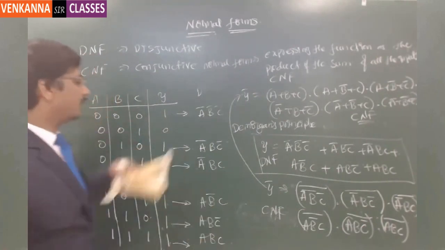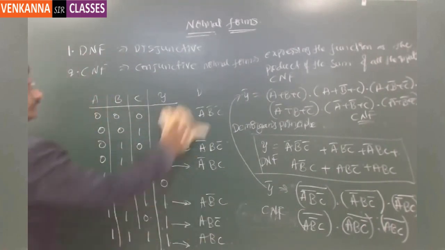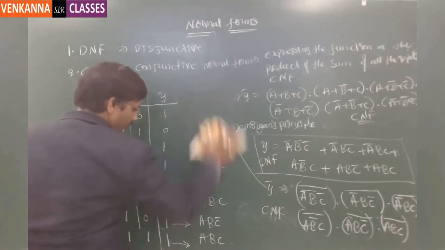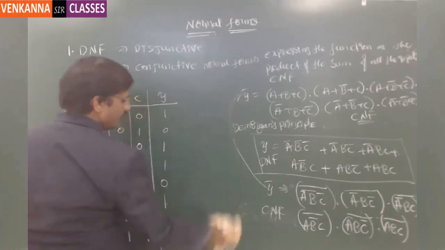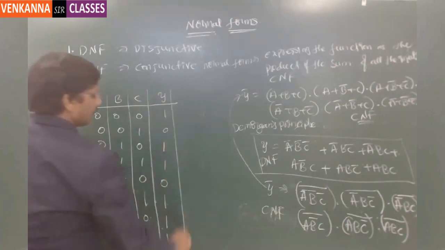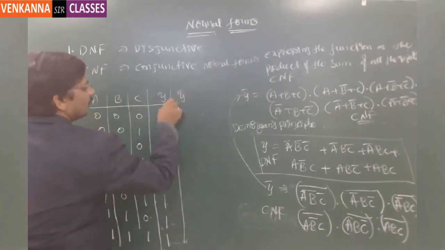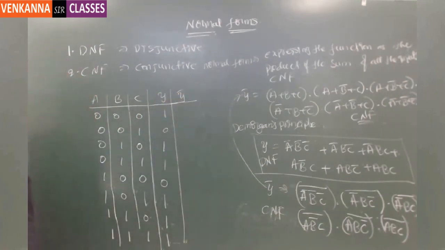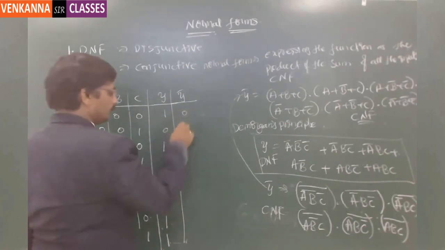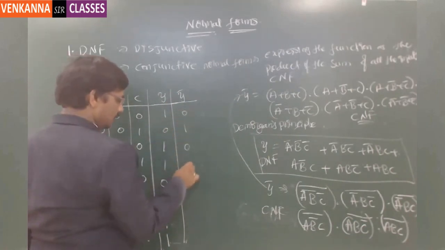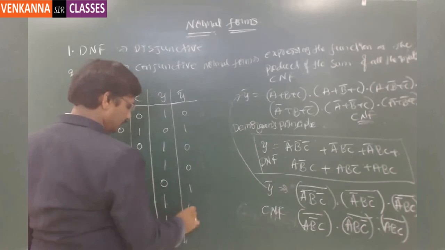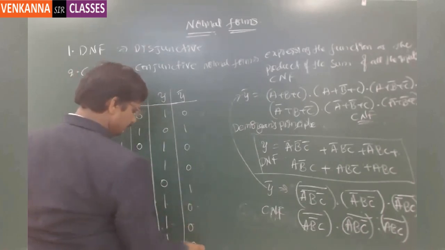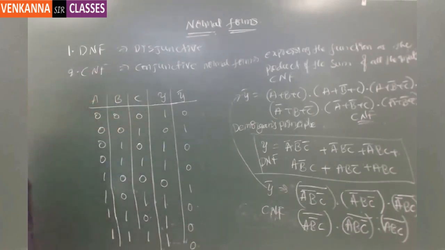Now from the diagram, if you want to bring the CNF, then what you need to do is call for y bar. So if I put y bar here, it becomes 0 here, this is 1 here, this is 0, this is 0, this is 1, this is 0, this is 0, and this is 0. Now for this, actually, the ones.